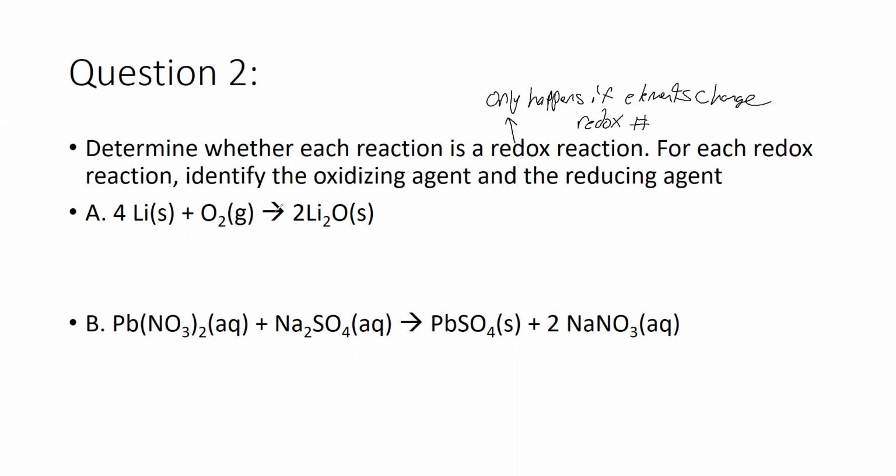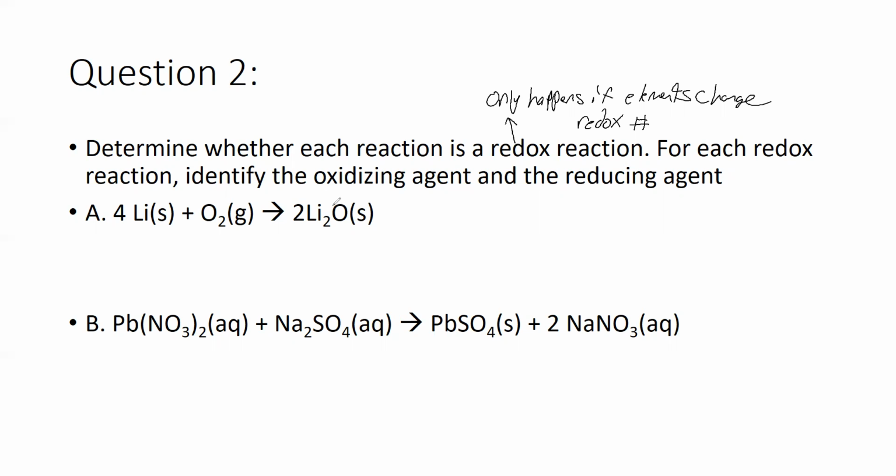So what that means is if I go from one side of the arrow to another, if my oxidation states or my redox numbers change, then I had a redox reaction. I moved electrons. If the numbers are the same on both sides of the arrow, a redox reaction did not occur.